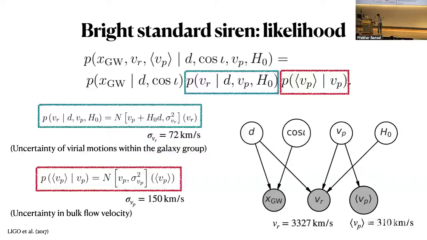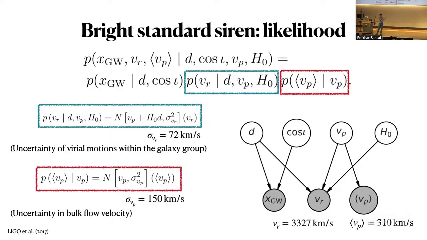Plus the peculiar velocity gives you the true recessional velocity, but our measurement of that has some uncertainty, given by this sigma squared, the variance of the normal distribution. We have a measurement of this sigma, 72 kilometers per second. That accounts for just the uncertainty of virial motions within the galaxy group.